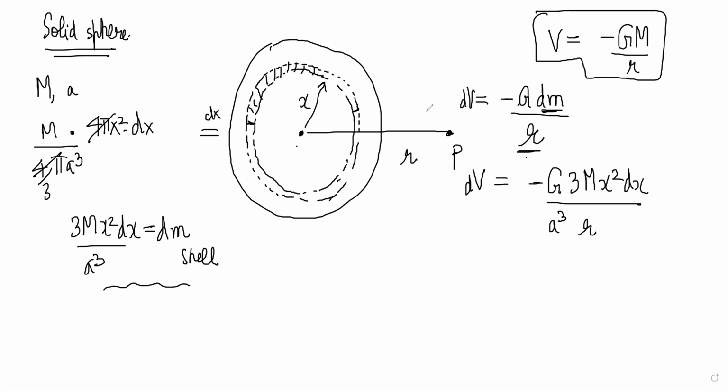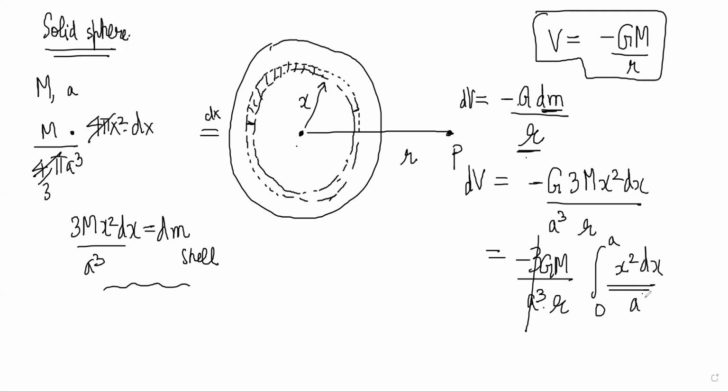Or if you're not convinced, you can actually write it like this and say minus 3GM by a cube r, integral x squared dx from 0 to a. And so there you'll get an a cube by 3 coming, which will cancel this stuff. So again, you will get the same thing.